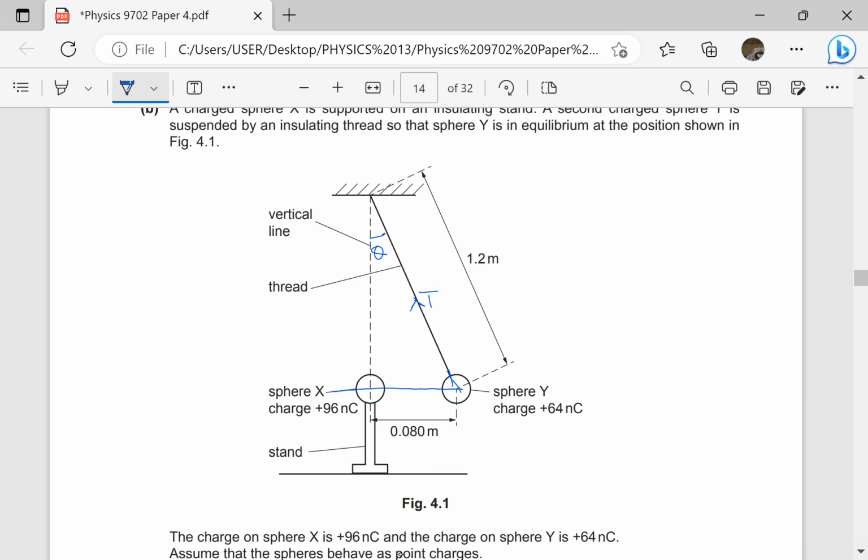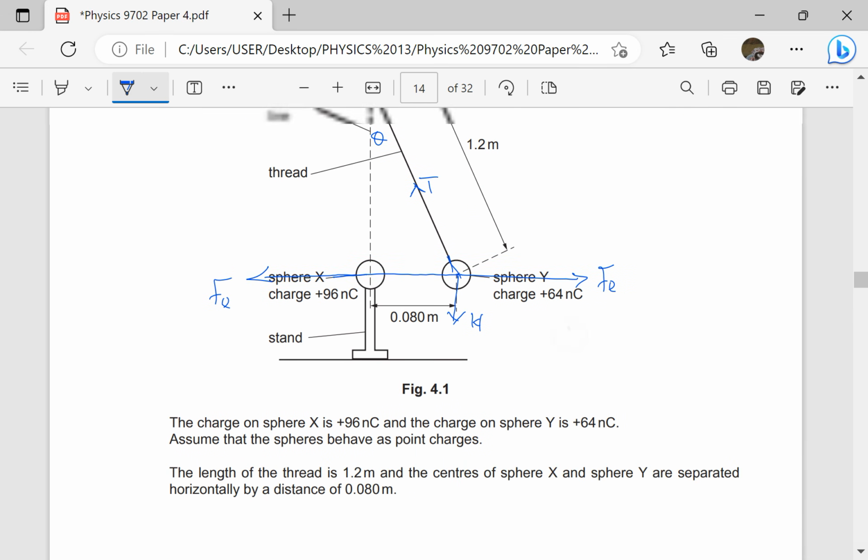The sphere Y has a mass downwards, which is going to give us the weight W. The sphere Y is going to be repelled to the right-hand side, so there is a force Fe, the electric force. The sphere X is also repelled to the left-hand side with the same force Fe, the electric force.